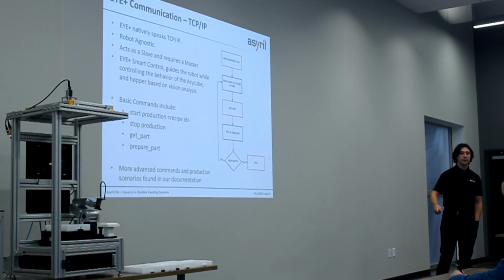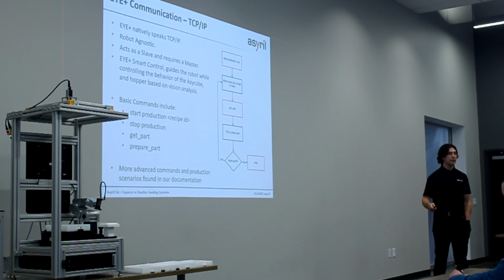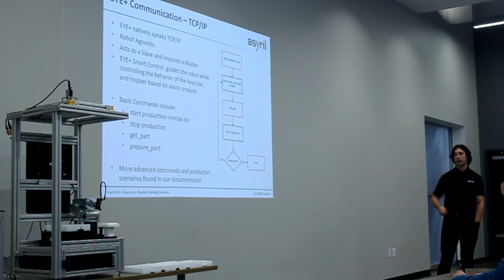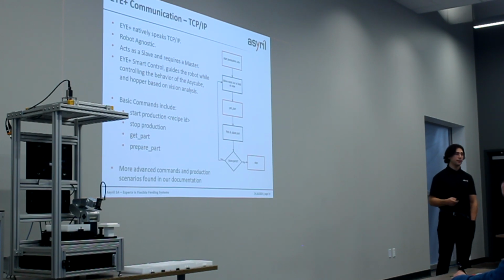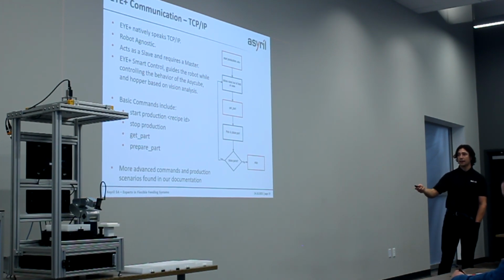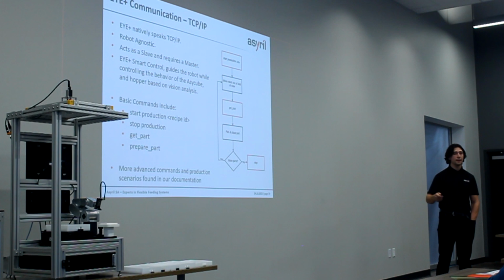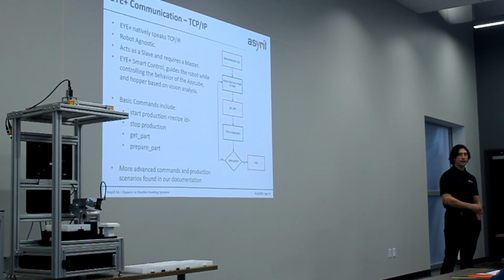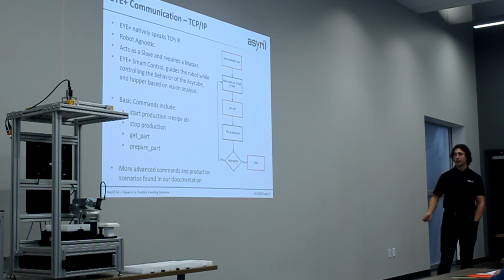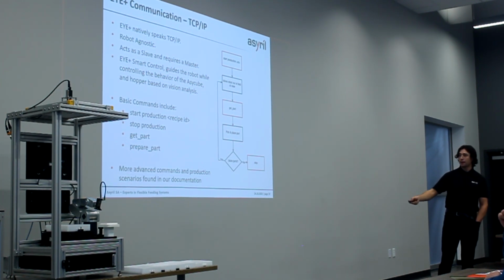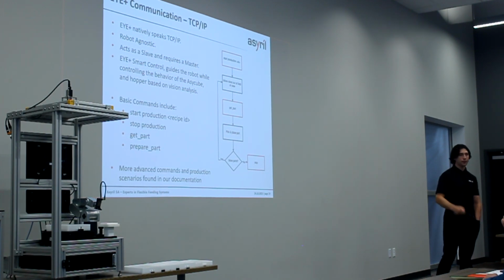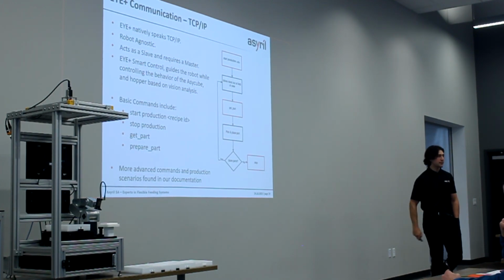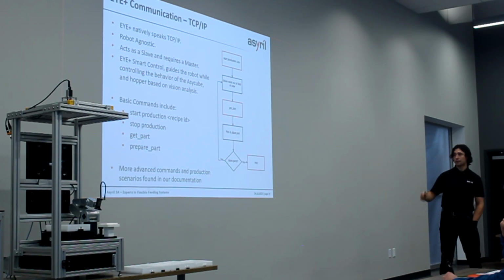And then the final basic command is prepare part. What prepare part is going to do is, as soon as you know that your robot is out of the field of view, you can call the prepare part command. The idle time when your robot's away is going to be used to collect more information about the platform. If there's a part in the I+ queue from your get part command, it's going to have that coordinate ready for when it calls get part.